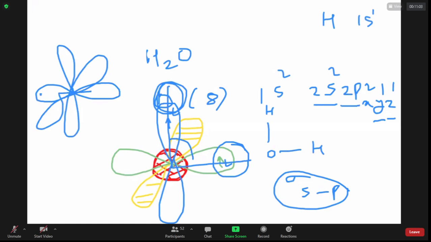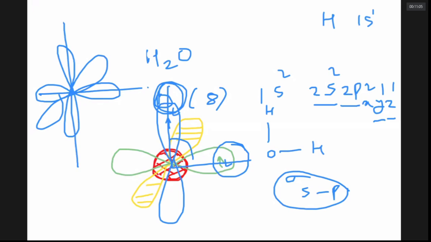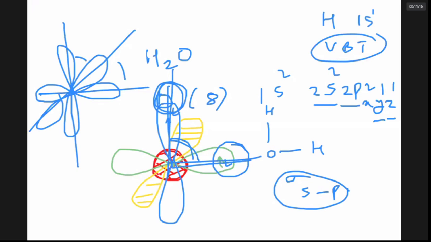Angle between px and py and pz, all 90 degrees. So in water, the bond angle is supposed to be 90 degrees according to valence bond theory. But unfortunately, experiment says bond angle HOH in water is 104 degrees 31 minutes. So valence bond theory failed to explain the actual bond angle in water.